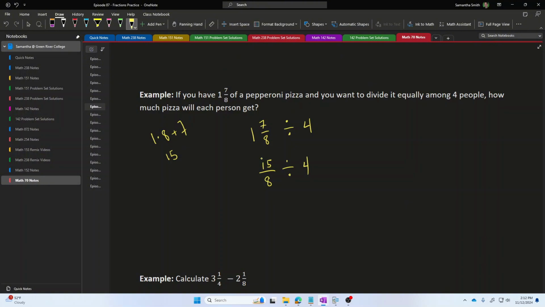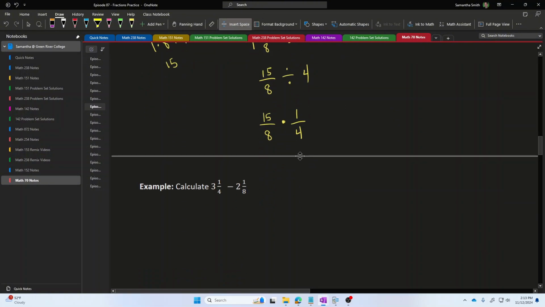Now, do you remember how to divide 2 fractions? We had our mnemonic KCF: keep, change, flip. Keep the first fraction, change the operation from division to multiplication, and then multiply by the reciprocal, flip the second fraction upside down.